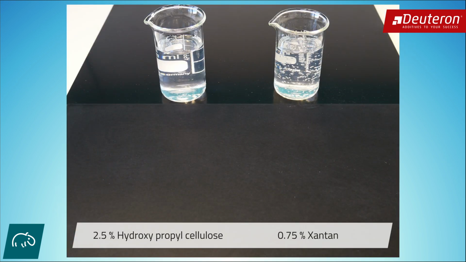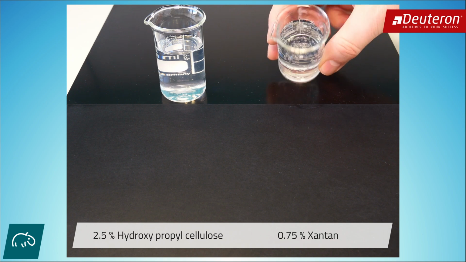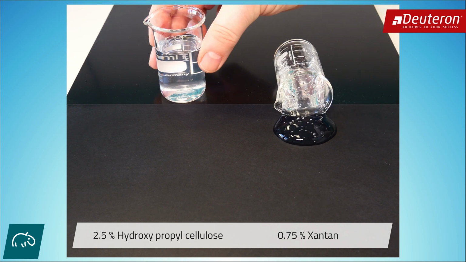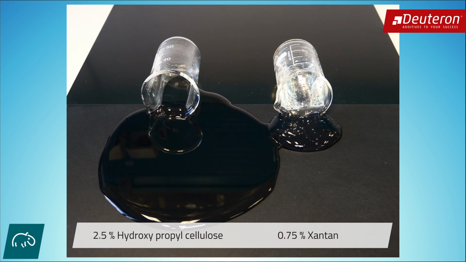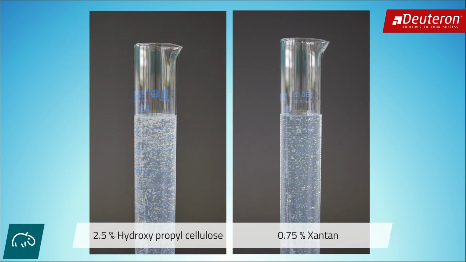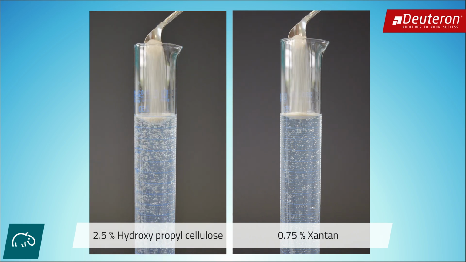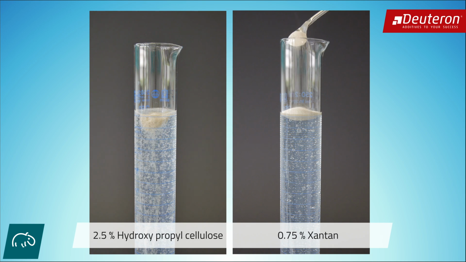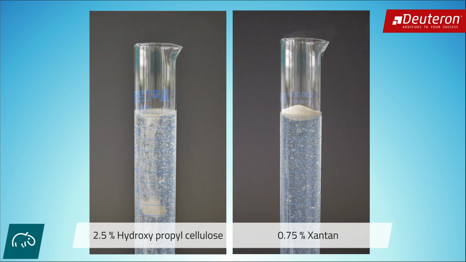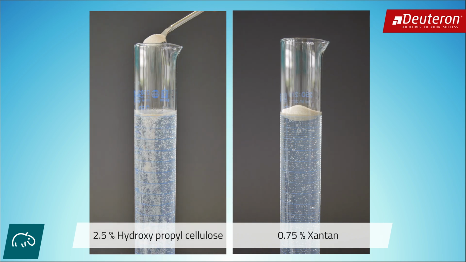Stabilizing against sagging is easily possible. An example of this behavior can be shown with sand. While the cellulose does not really prevent the sand from settling, the xanthan preparation shows the effect of the structural viscosity. Without shear force, the viscosity remains high and settling does not occur. These effects are excellent for combining low levels of processing viscosity with high levels of stabilization.